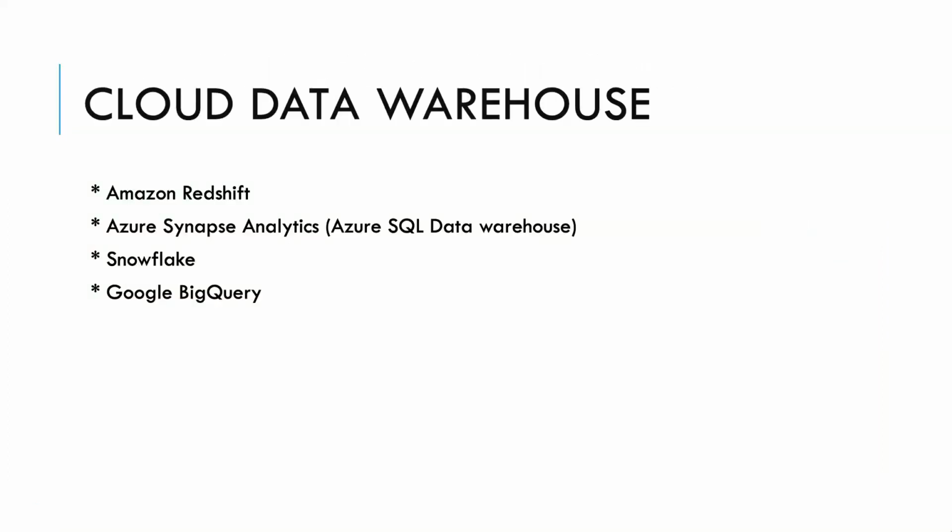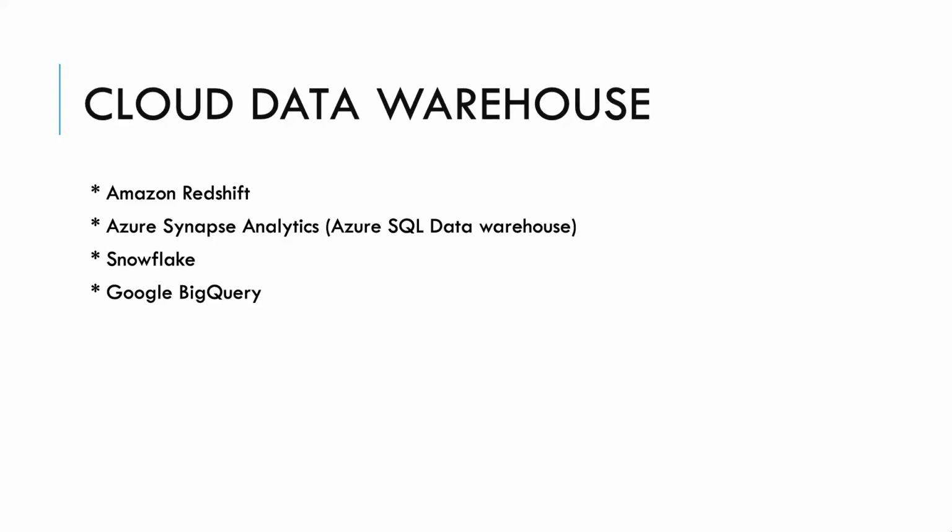So now let's come to cloud data warehouse. I hope you understood what a data warehouse means. So a cloud data warehouse is nothing but something like software as a service. You can imagine it like that, right? So you don't need to set up a data center. You don't need to install software in that data center.